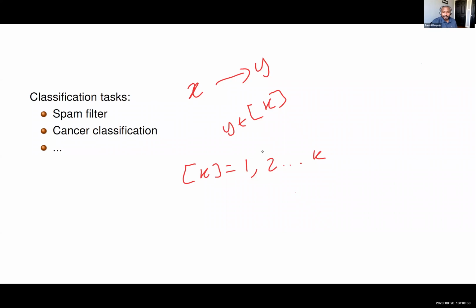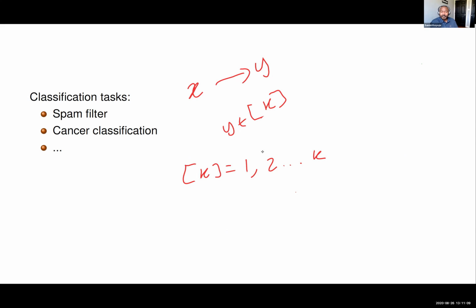So any setting where the goal of the prediction problem is to predict this k-label type output is a classification problem. And we'll spend a lot of time talking about classification tasks because, in practice, they're by far the most popular applications of machine learning algorithms.